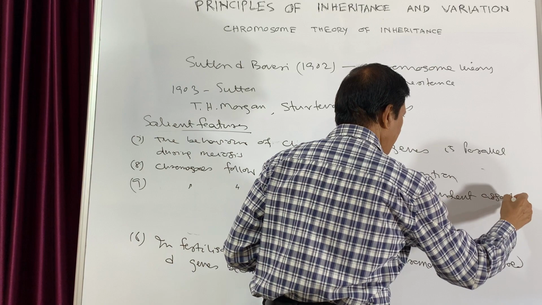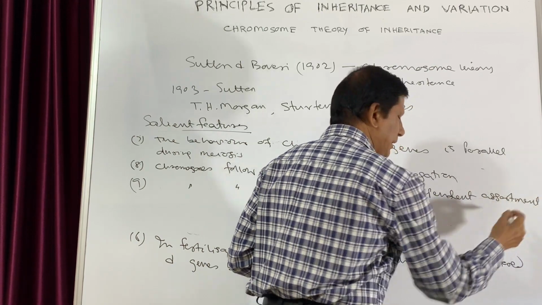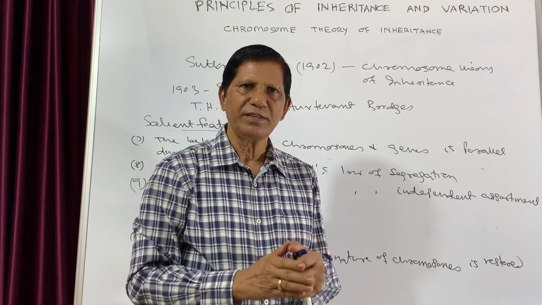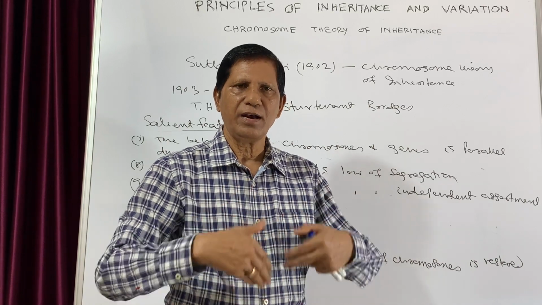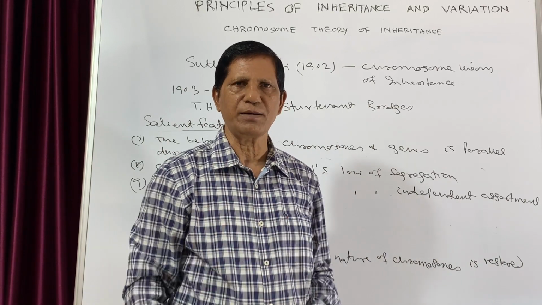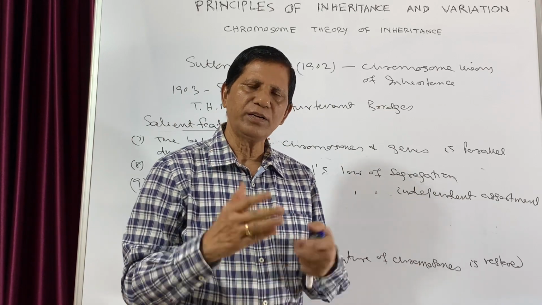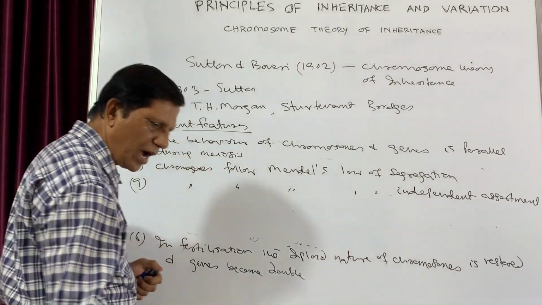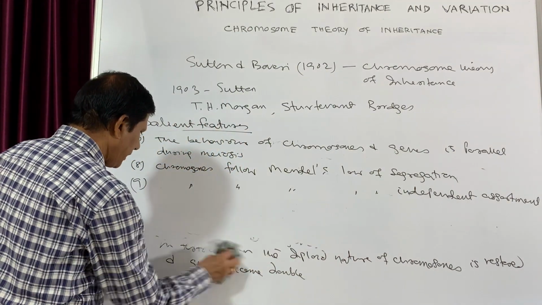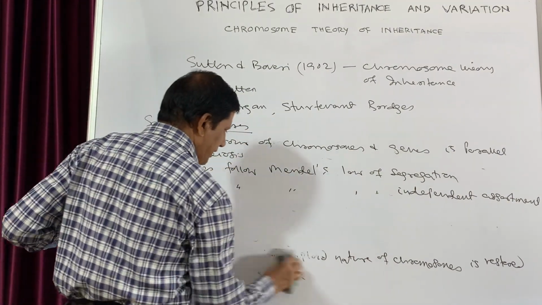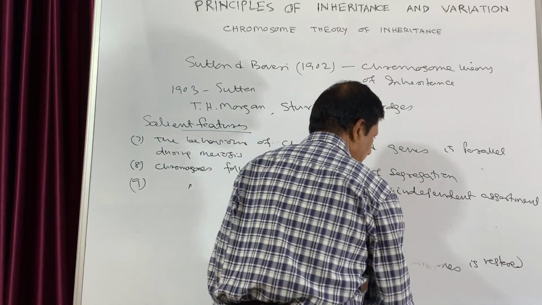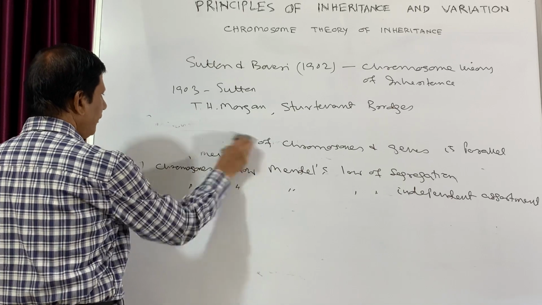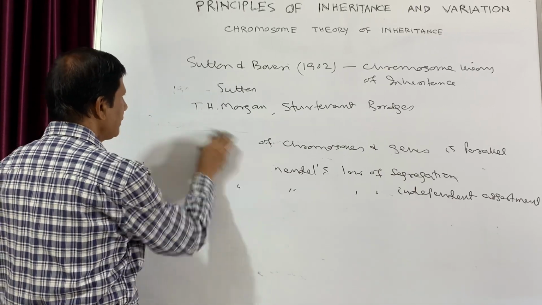Because Mendel said that the factors segregate, they separate, and they also assort independently. In the same way, the chromosomes behave. So let us explain these two points: how they follow Mendel's law of segregation and the law of independent assortment.